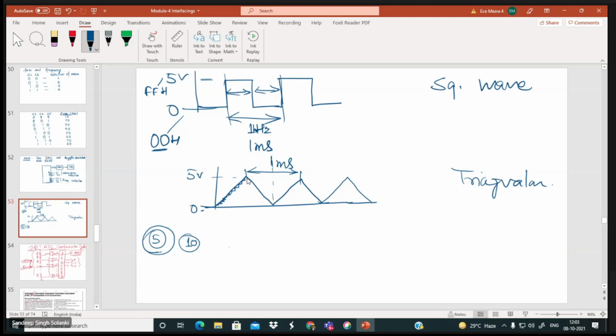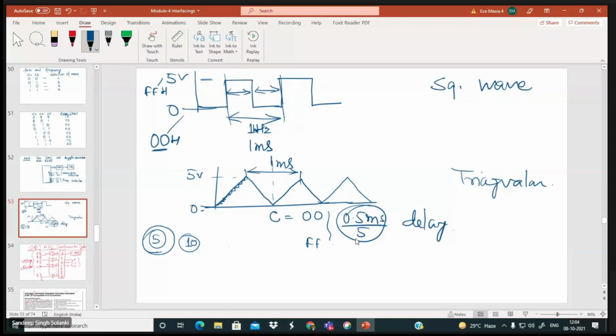So you have to keep the register, start incrementing from 0, reach up to FF, but in each increment, your time period will come. If suppose I say 5, it means 0.5 millisecond needs to be divided by 5, and that is the delay. Clear? If you say 10, then that much time will be the delay.